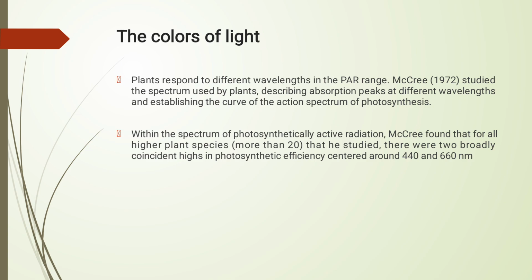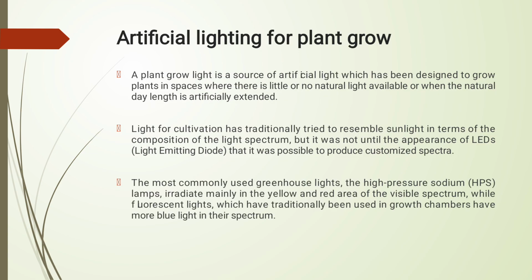McCree found that all the higher plant species, more than 20, that he studied were broadly coincident, with high photosynthetic efficiency centered around 440 and 660 nm.